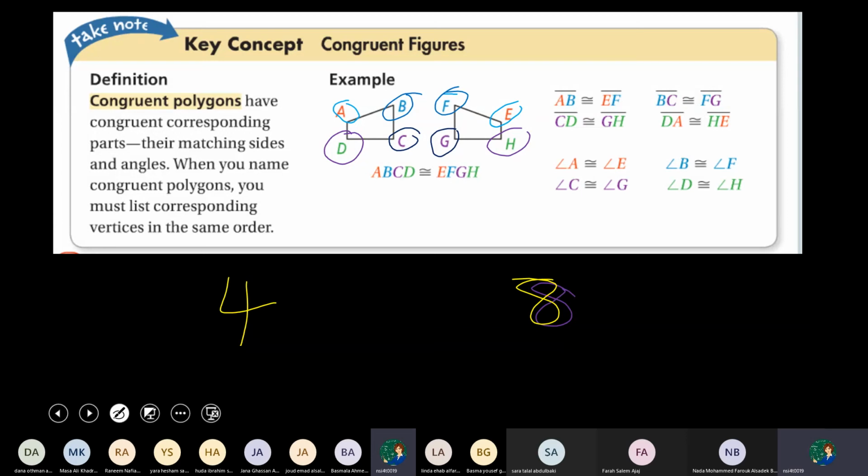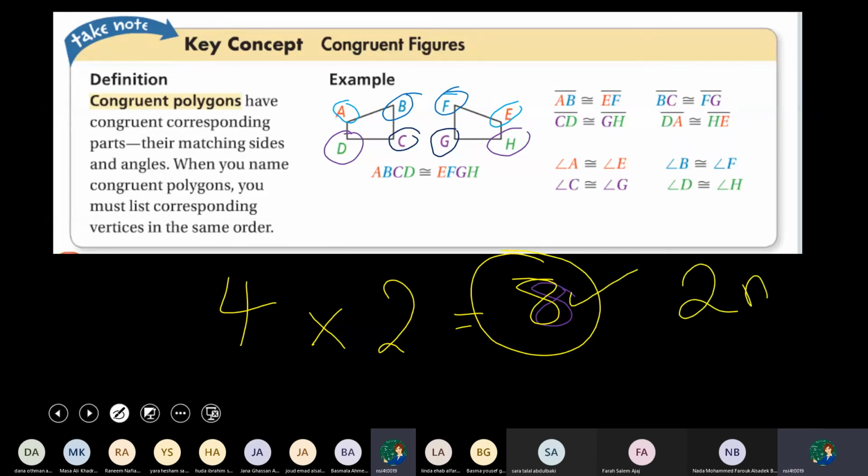So every time, if you multiply 4 by 2, you will get 8. So if I'm talking about a quadrilateral with 4 sides, I have to write 8 statements. Every time it is 2 times n, where n is the number of sides.